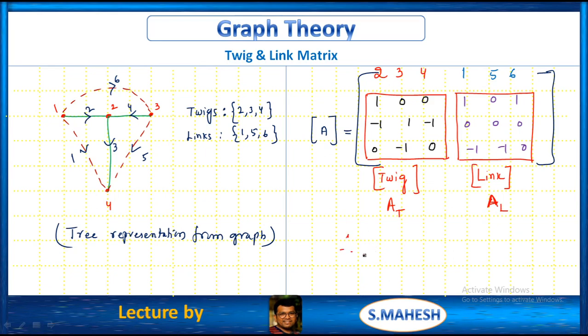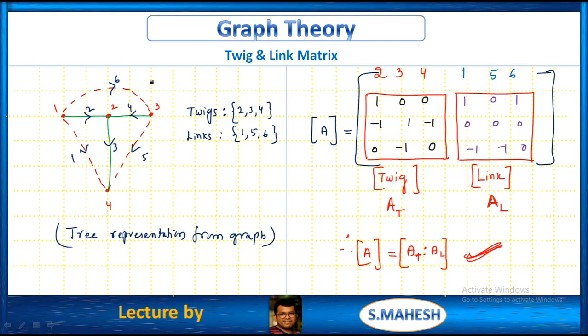Therefore, matrix A is equal to AT AL, right? Therefore, AT is nothing but 1 0 0, minus 1 1 minus 1 0, minus 1 1. So from this, AT is a non-singular matrix. This is about the concept of twig and link matrix.